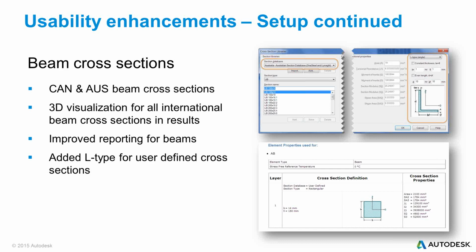In this picture, we're looking at a rectangular beam cross section. So we show you the rectangular image, and also the reference base and height dimensions, and we also show those numbers directly in the report as well. All right, let's move on to the next slide.